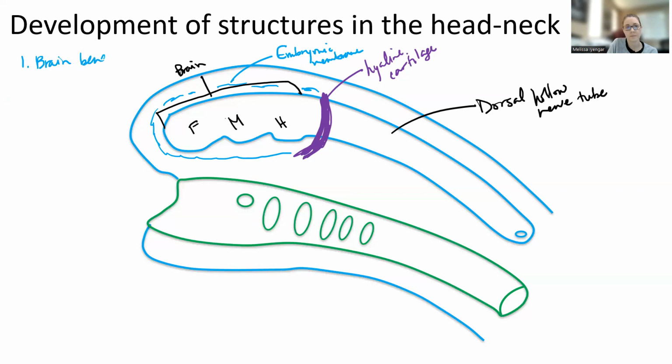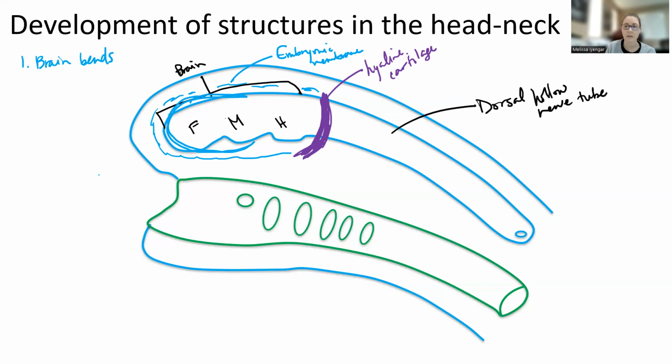When it bends, essentially the forebrain starts to get larger, and it causes the midbrain and the hindbrain to still be towards the bottom portion, the inferior portion, but the forebrain actually is going to encompass or encase, so basically surround, the midbrain and the hindbrain.